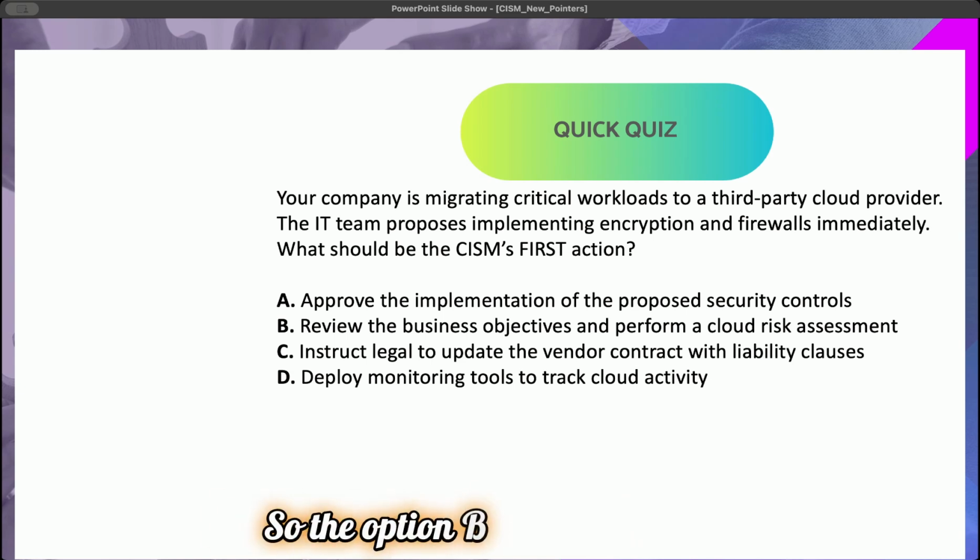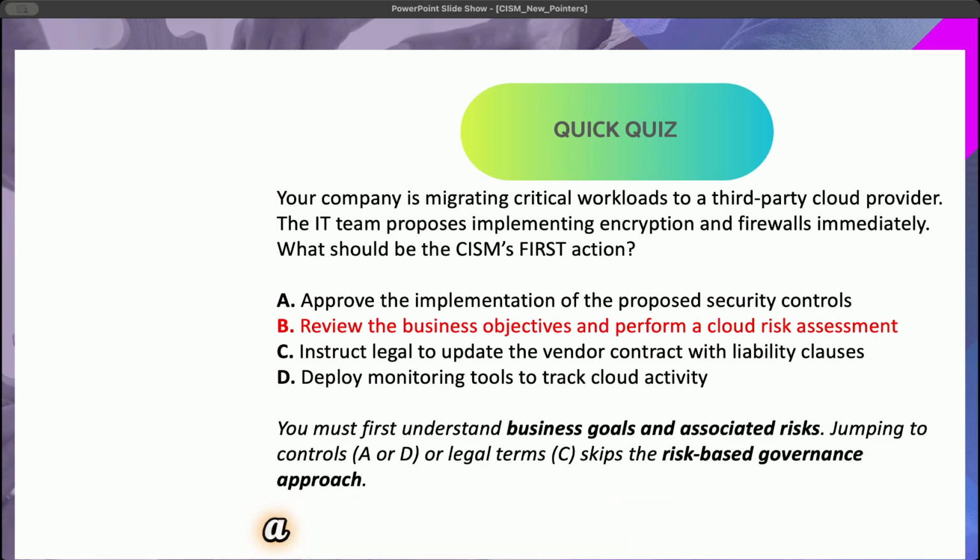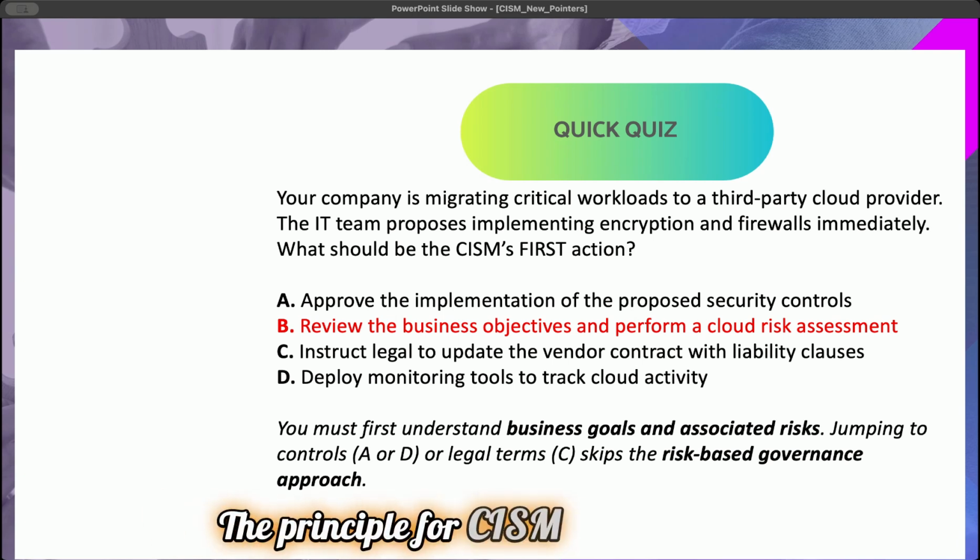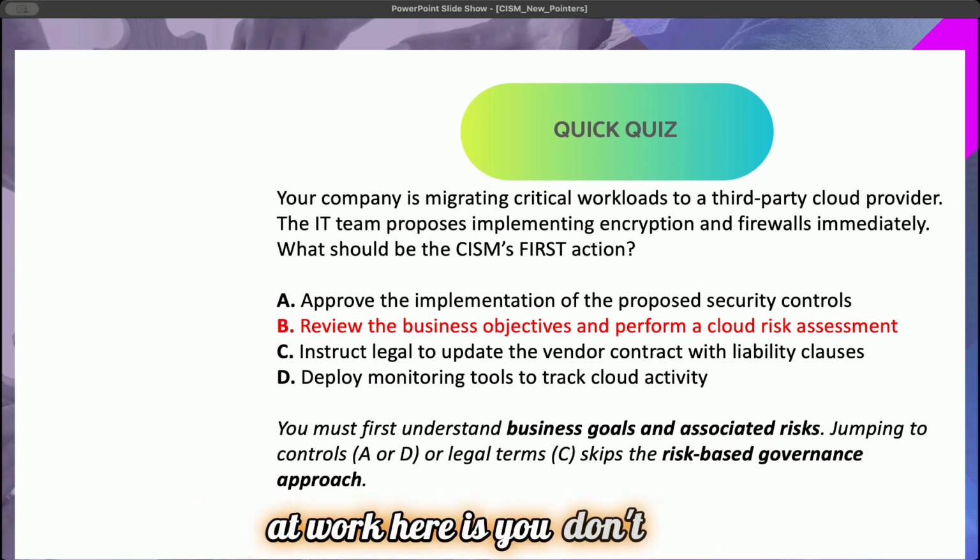So option B is the best option because we do risk based decision making and we have business alignment. Review the business objectives and perform a cloud risk assessment. The principle for CISM which is at work here is: you don't implement controls until you have assessed the risk.